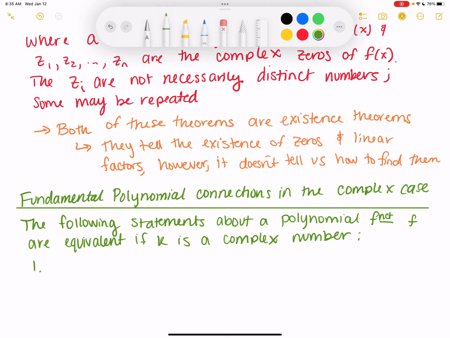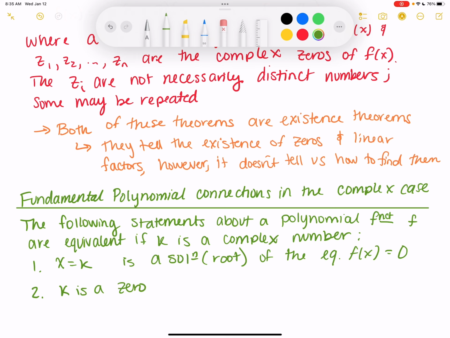First one, x equals k is a solution or a root of the equation f of x equals 0. 2, k is a zero of the function f.